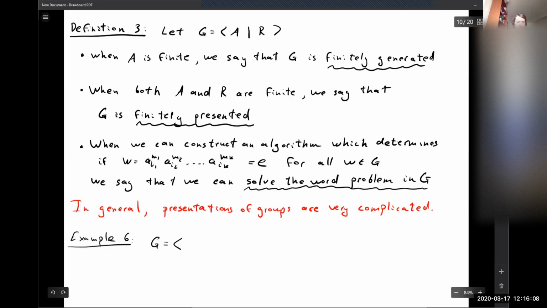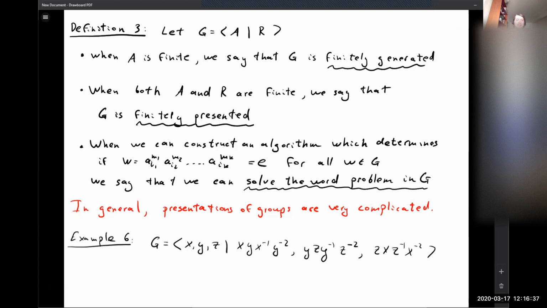So suppose you have a group G with 3 generators subject to the following relations: x y x inverse y to the negative 2, y z y inverse z to the negative 2, and z x z inverse x to the negative 2. And it is actually a presentation of the trivial group.